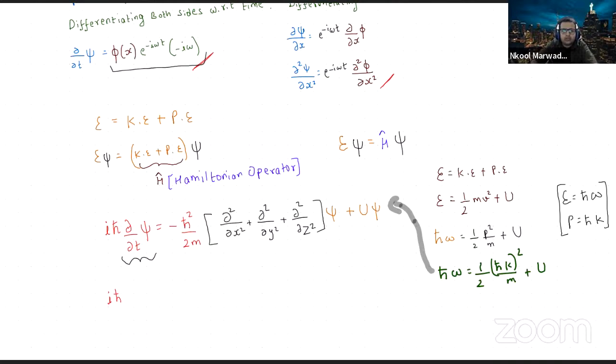So we will get something like this: phi x, e to the power of i omega t, minus i, isn't it?